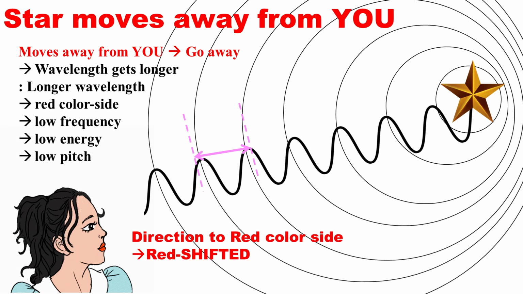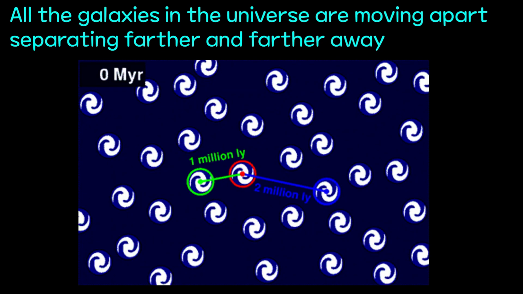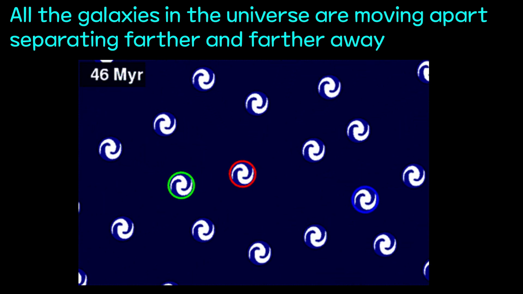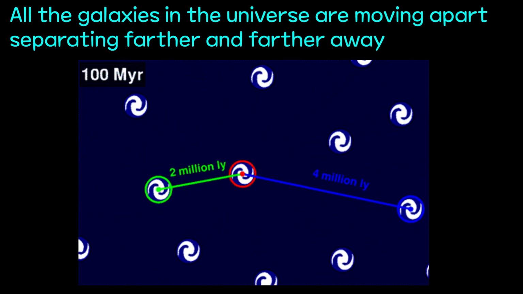One thing we need to think about is who moves. Do you think only the star is moving away? What about us? Is our galaxy, the Milky Way, really moving away too? Let's consider this red circled galaxy is our Milky Way and we are in there.